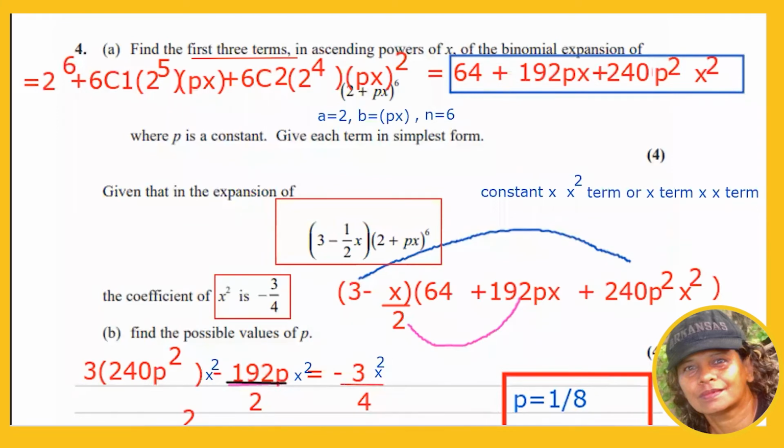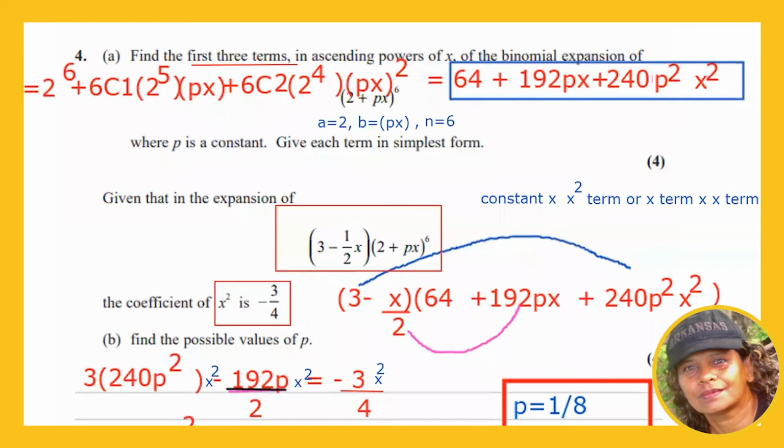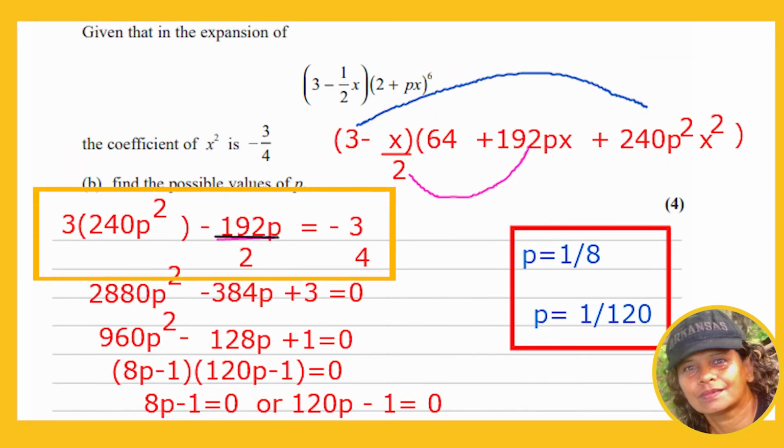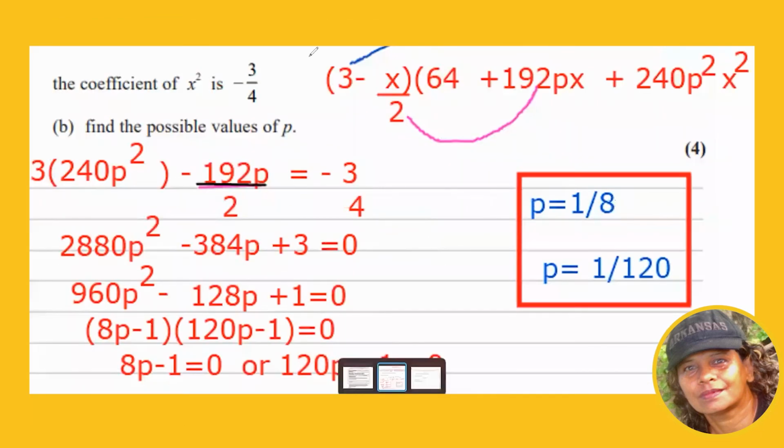If I get rid of the x squared terms, I am left with 3 times 240p squared minus 192 over p over 2 is equal to minus 3 over 4. Now I'm going to solve what I have.